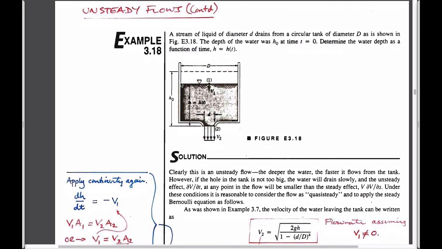So you'll remember that last time I think we did an example where we had a tub where if you invoke the large tank expression, then the velocity on the top is equal to 0. Not always true. If the tank gets smaller and smaller, you can't ignore that anymore.